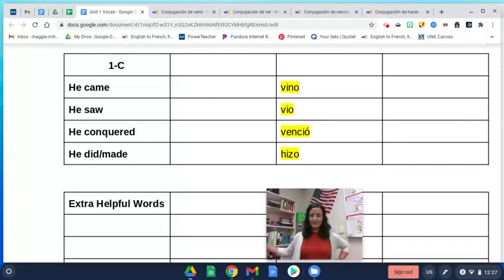So venció. And then hizo is he or she did or made, and we are going to be making cookies. Bueno, so either stir in a bowl, or sometimes they do one of these, like this. I don't care. However it is that you make cookies, that's what you're going to do. So again, vino, vio, venció, hizo.